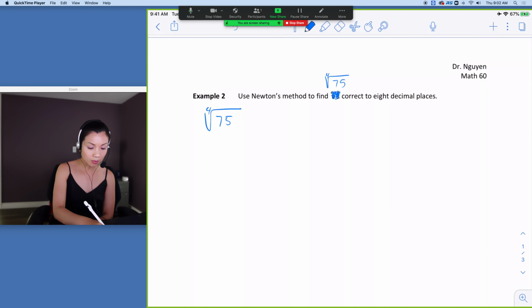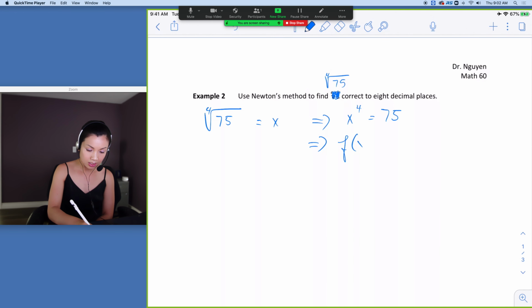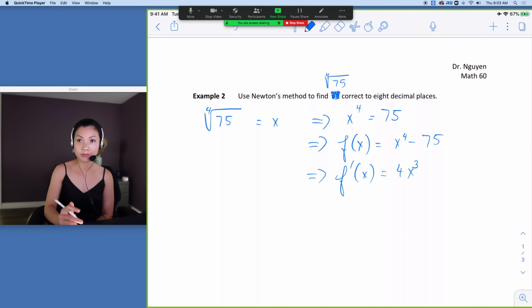To approximate, I'm going to put x to the fourth equals 75. Rewriting one more time, the function is x to the fourth minus 75. So f prime is going to be 4x cubed.